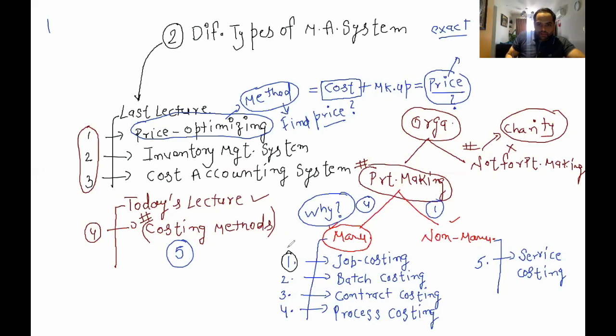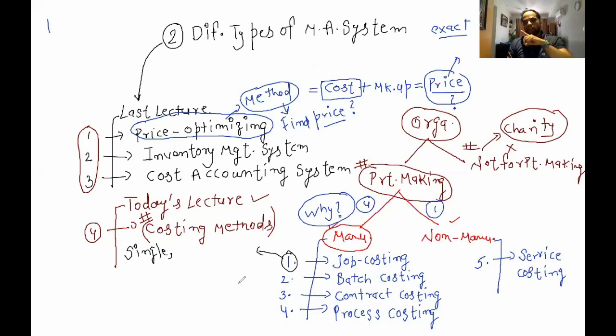So the criteria involved: the first thing is the product must be single in nature, right?